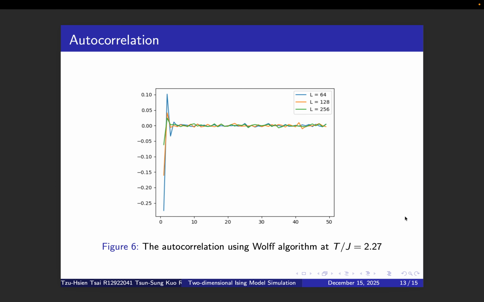For example, when the time step is 5, the autocorrelation of the Wolff algorithm is between negative 0.05 and 0.05.